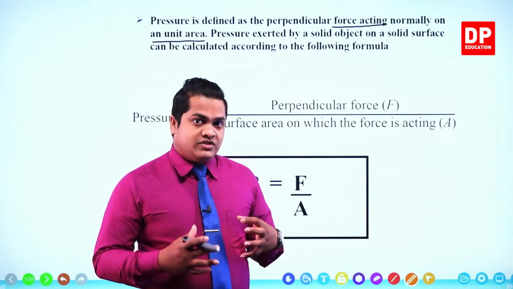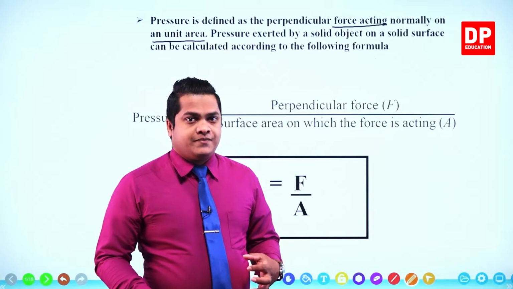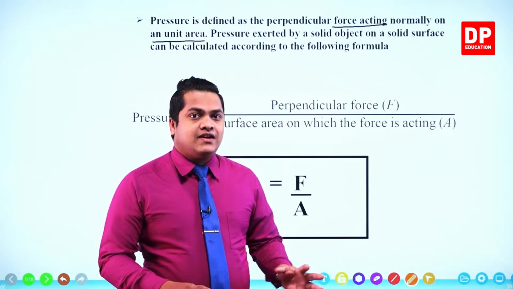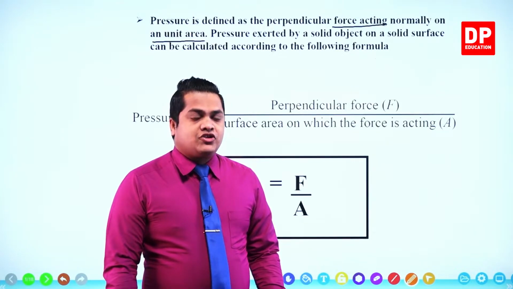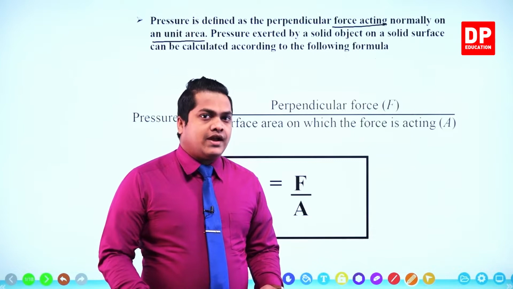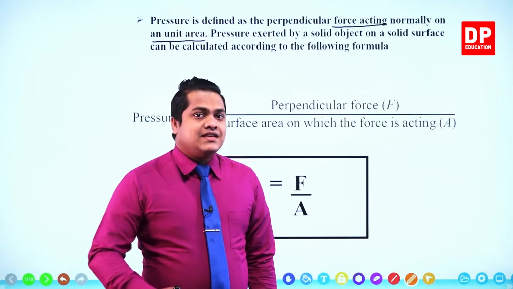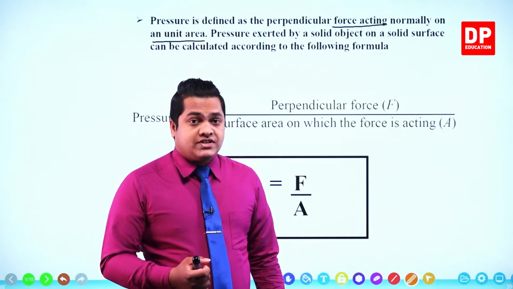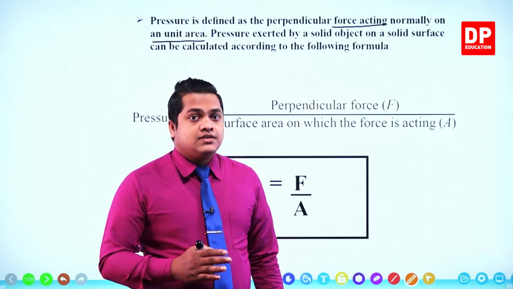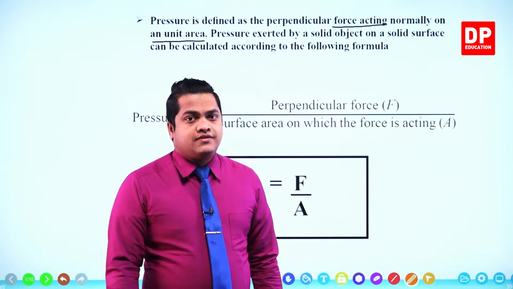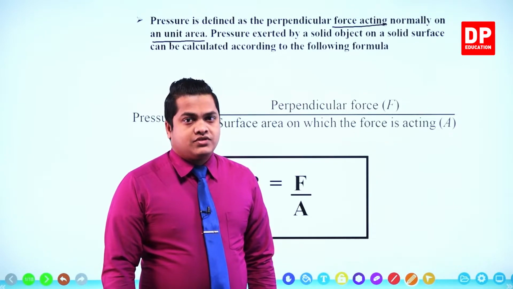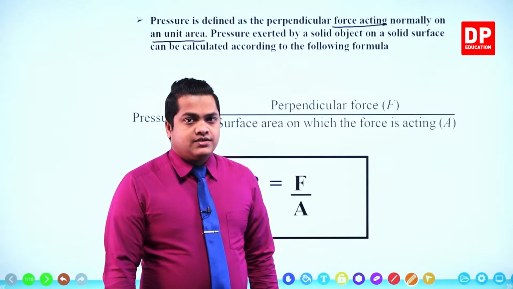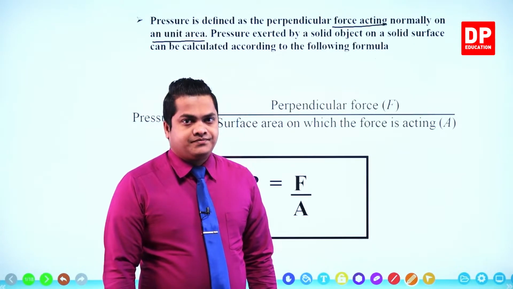So force is a factor that affects the pressure. Pressure acting on a solid substance or on a solid surface depends on the force acting and the contact surface area of the force. So these are the two factors that affect the pressure.